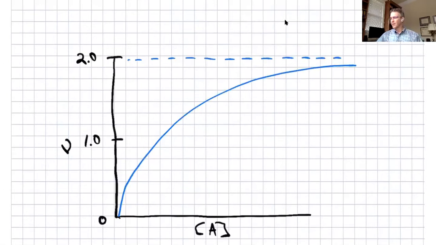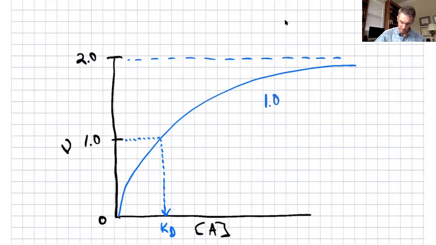But the cool thing is now, if you look at the half saturation point here, that's still the KD. If you want to satisfy yourself with that, all you have to do is do the same thing I did before.